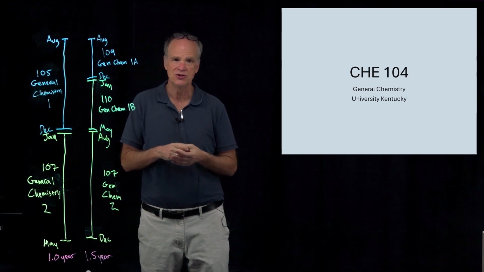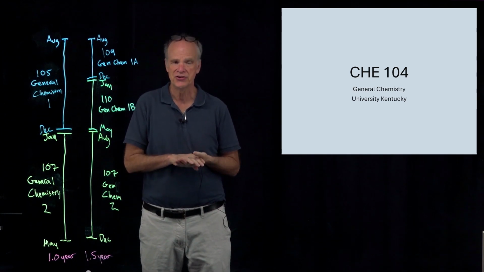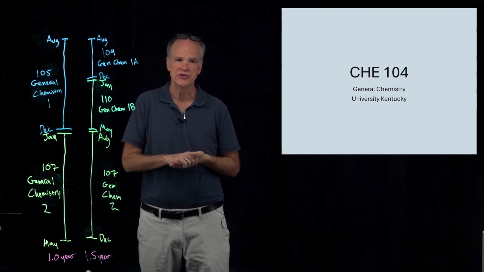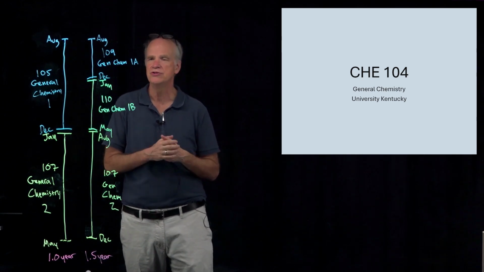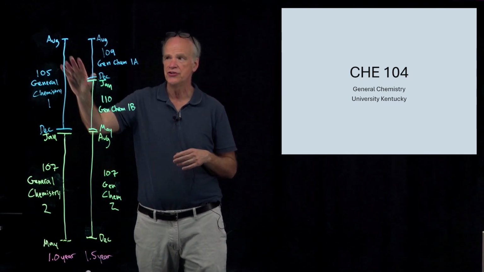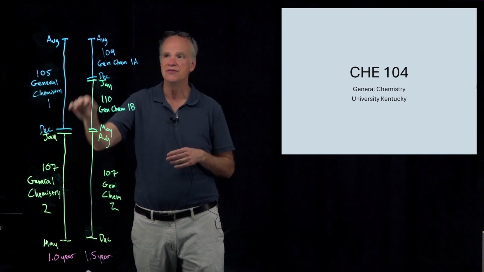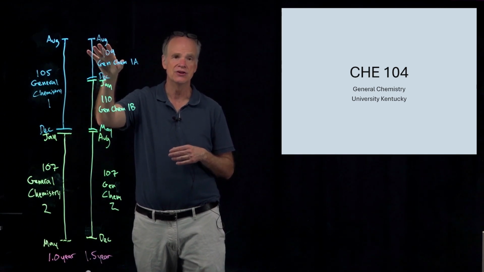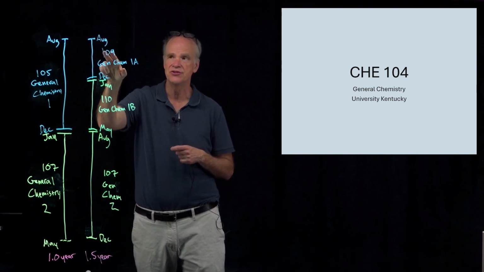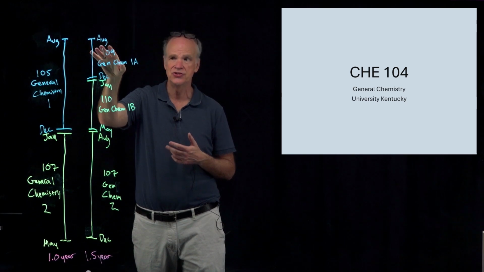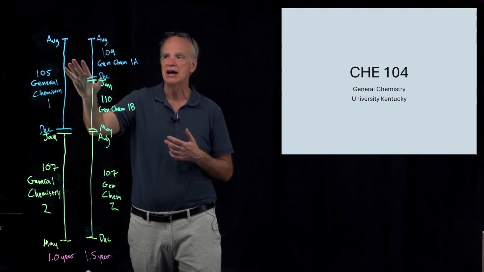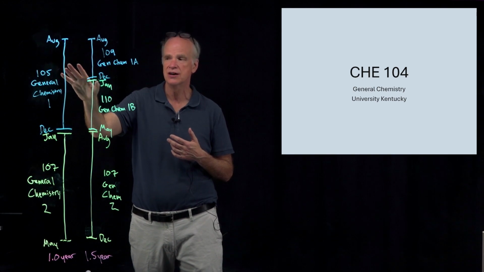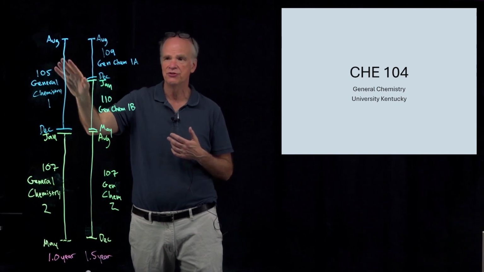About 10 years ago, the university set up a second track where you learn the same amount of material, but a little bit slower. Instead of entering in 105, you would enter in 109. You begin in August and take 109 through December, but you cover about half of what you would cover in 105, the first half.